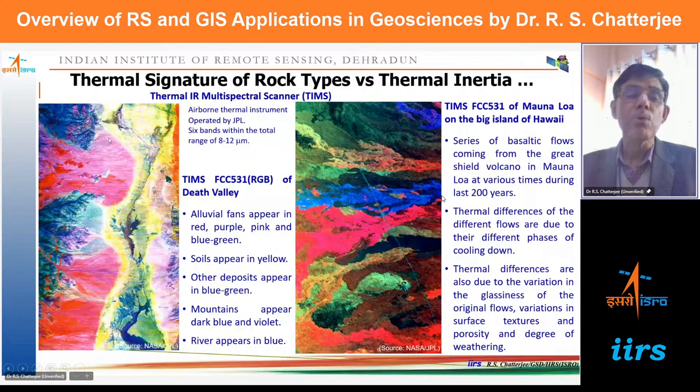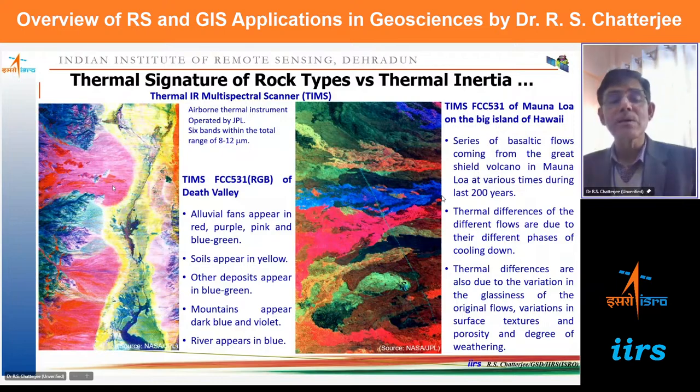Now if the feature has a higher temperature, the maximum radiation will take place at the shorter wavelength. If the material has a lower temperature, the maximum radiation will take place at the longer wavelength. Okay, that is the basis of thermal remote sensing. In Planck's law, or even in Wien's displacement law, one can understand this.